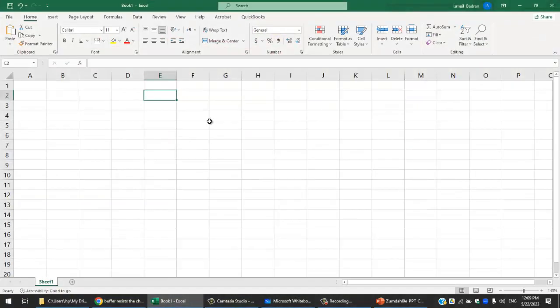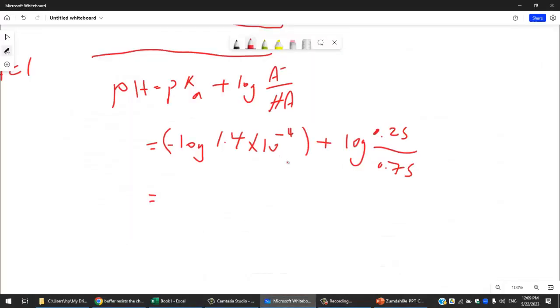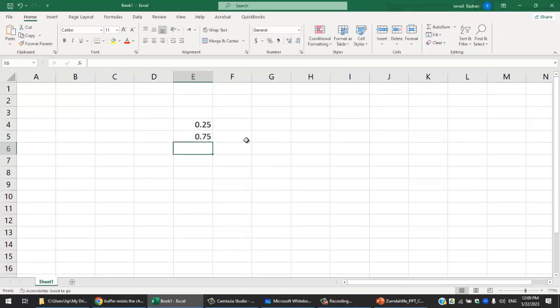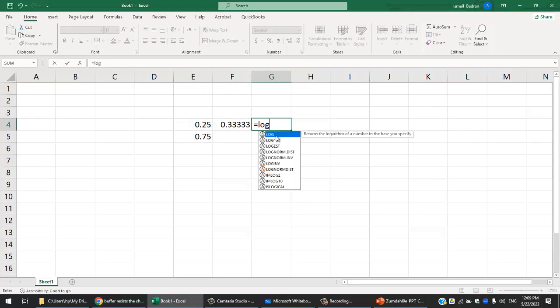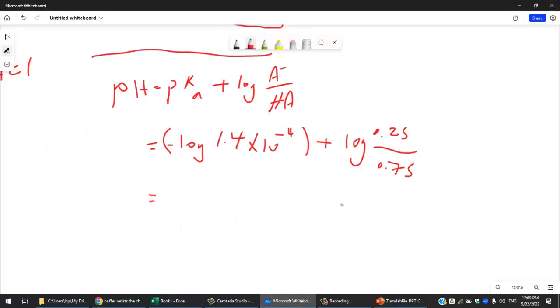I'm going to use Excel. So 0.25 in the numerator, and you have 0.75 here. I'm going to find the ratio. So it's equal to that divided by this. I'm going to take the log of this. Okay. So this log is minus 0.477.